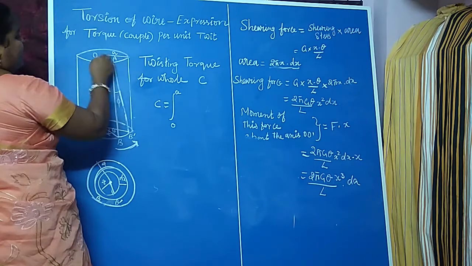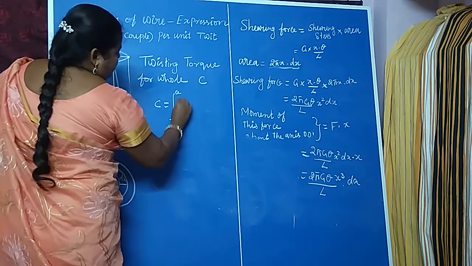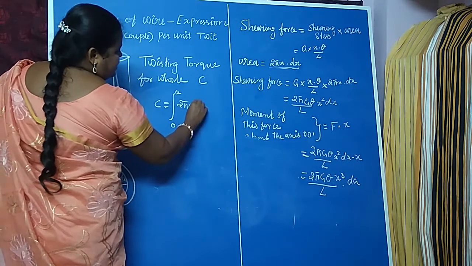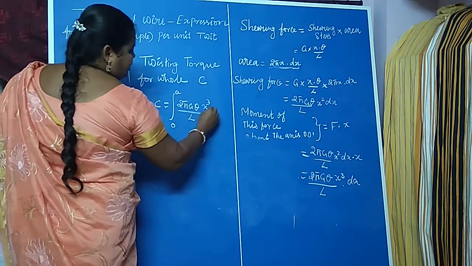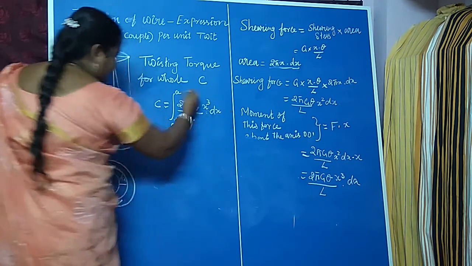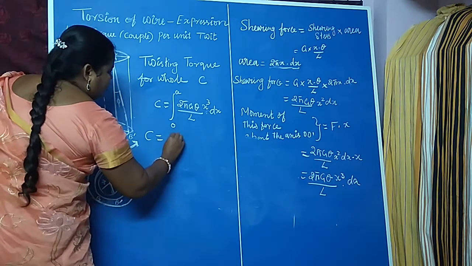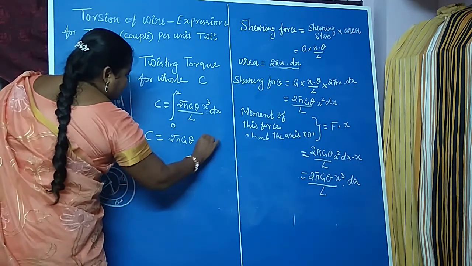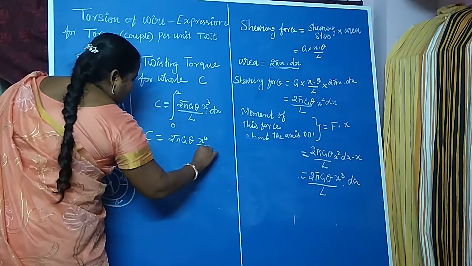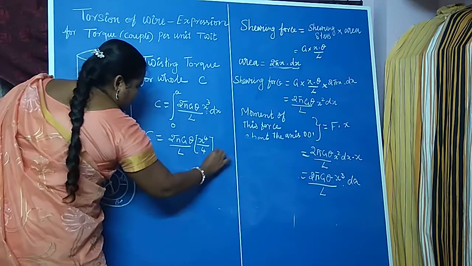The whole cylinder has radius from 0 to a. 2 pi G theta x cube by L into dx. On integrating, C equals 2 pi G theta x power 4 by 4 L, with limits 0 to a.